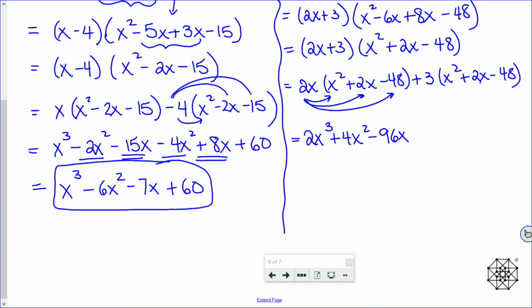Whew, getting big here. 3 times x squared is 3x squared. 3 times 2x is 6x. And 3 times 48, well, 3 times 50 is 150, so that's going to be 142. 3 times 48? No, 144.